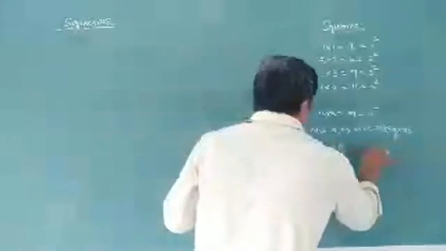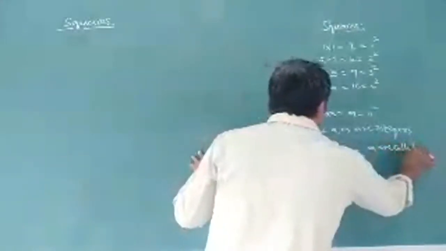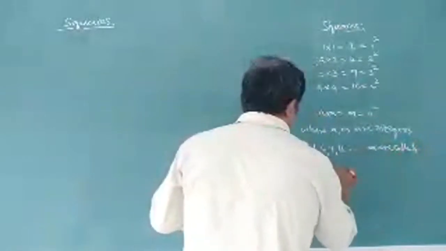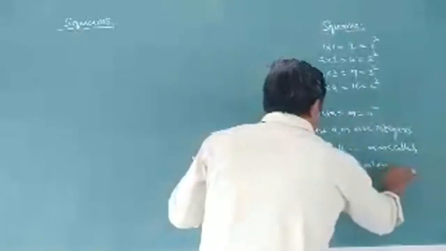And 1, 4, 9, 16, all these m are called square numbers. So we can give such things here, nothing but square numbers.